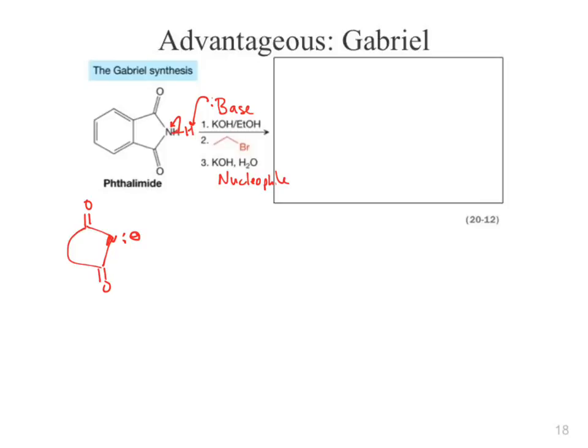Okay. Well, is there anything remotely acidic left? Nope. So it can only act as a nucleophile. Well, there's nothing else in the reaction at this point, so our reaction stalls until we move to step 2. And step 2 supplies what? An electrophilic structure. We end up doing our substitution.